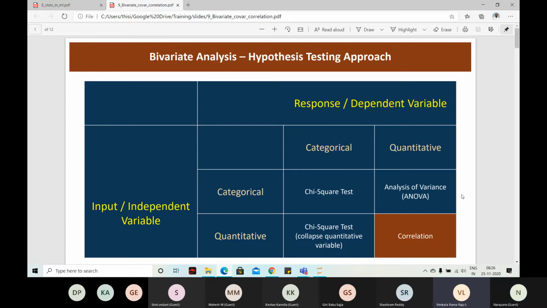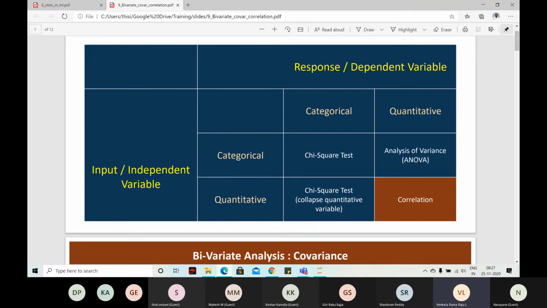And when we did linear regression, we were trying to build a model, find an equation, and then make a prediction. But before building a model, we have to analyze whether the feature is important or not. When I say the feature is important or not, in input there can be a categorical column or a quantitative column. In the output also, there can be a categorical column or quantitative column.